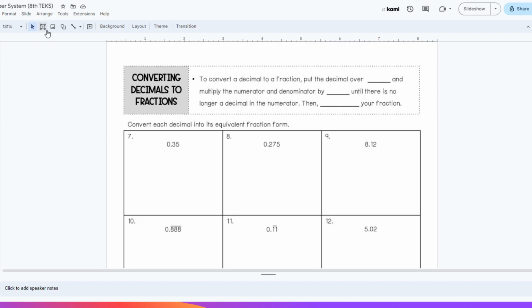All right. So convert a decimal to a fraction, put the decimal over... not sure what they're getting at here, but I'll show you how to do it. 0.35.